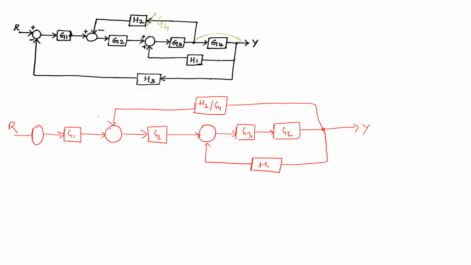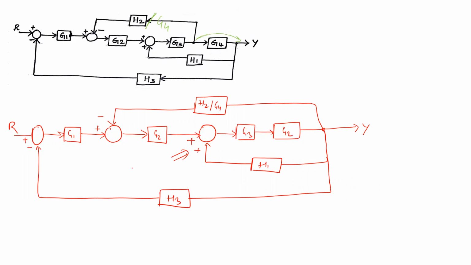This is a summing point, this is a summing point, and the gain of this feedback path is H3. Here we have a positive feedback. Now these two are in cascade.